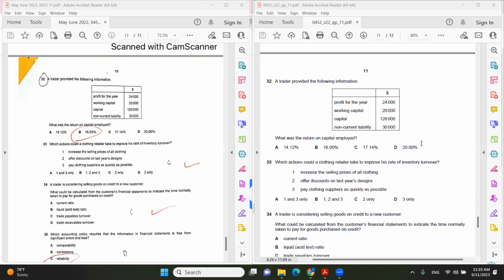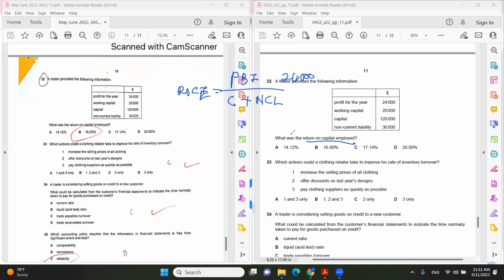Okay, 32. A trader provides the following. ROCE. The formula for the ROCE is profit before interest divided by capital employed. Capital employed is capital plus non-current liability. So what information do we have? Profit for the year. They don't talk about the before interest, which means we assume this is the 24,000.